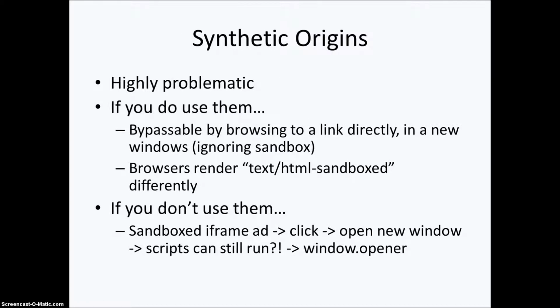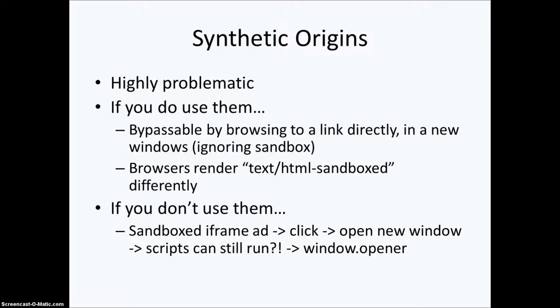Synthetic origins cause a lot of problems. The idea behind them is to allow untrusted documents to be delivered along with potentially sensitive information, but to prevent those things from being able to touch each other, essentially, right? You don't want to let the untrusted document access the sensitive information that it's being sent along with.